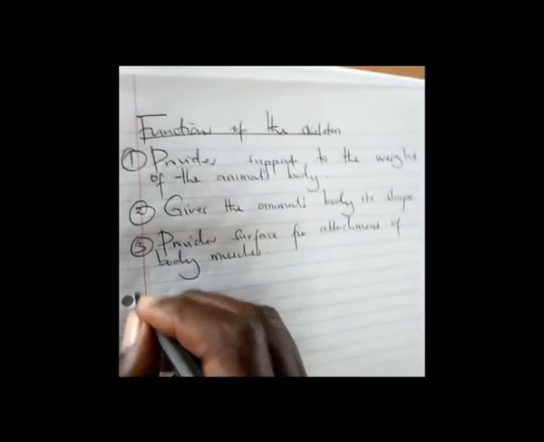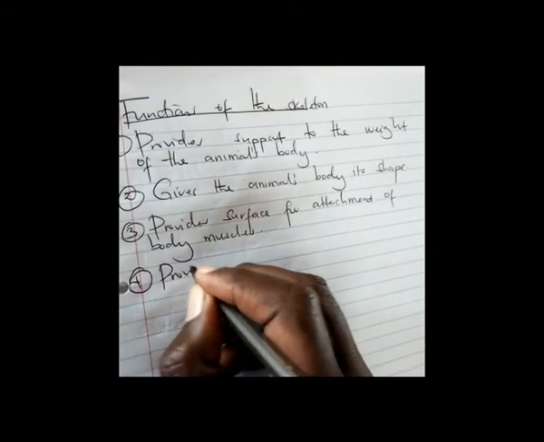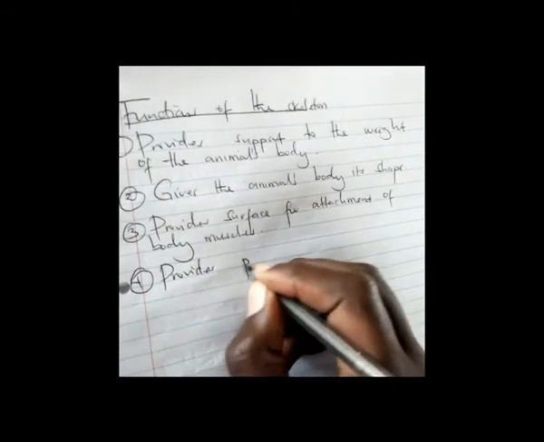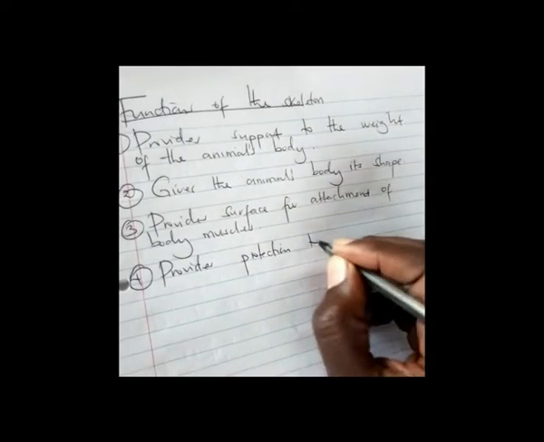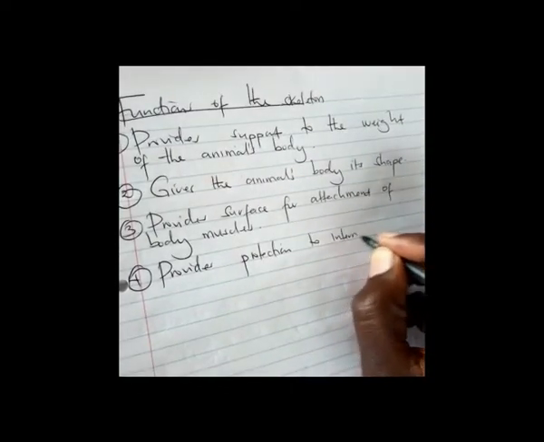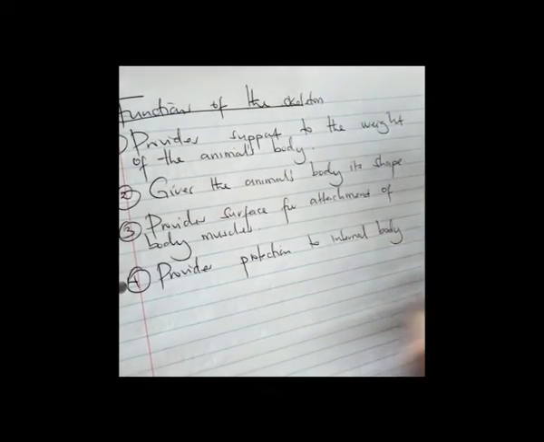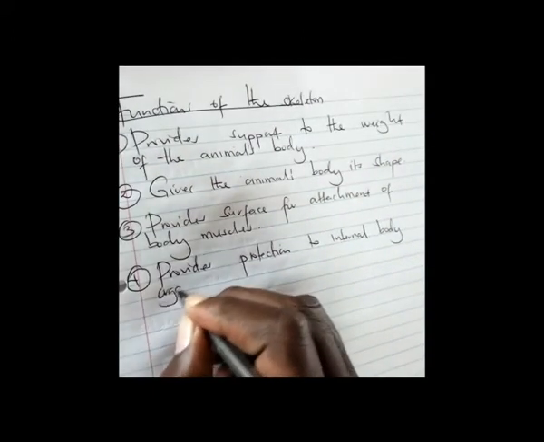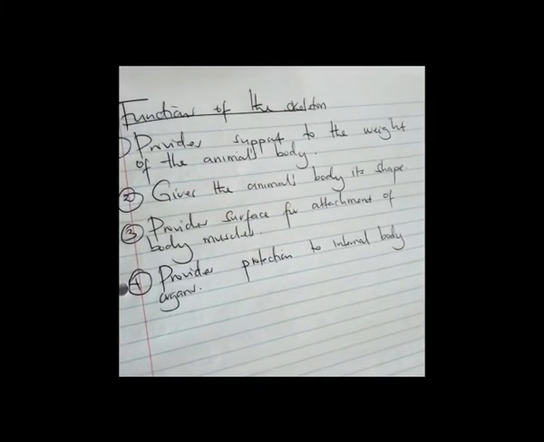Number four, the skeleton provides protection to internal body organs. Those are the four main functions of the skeleton.